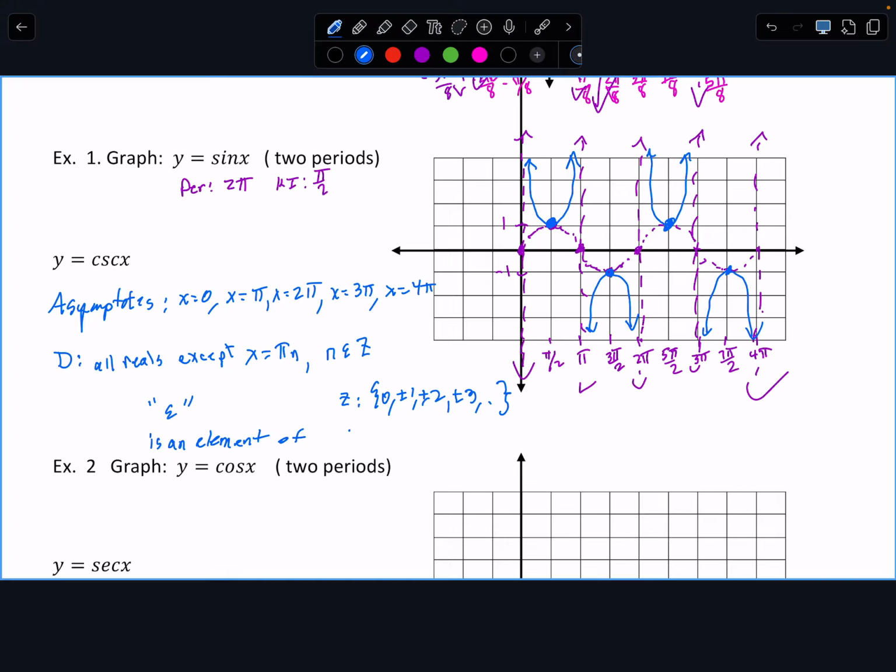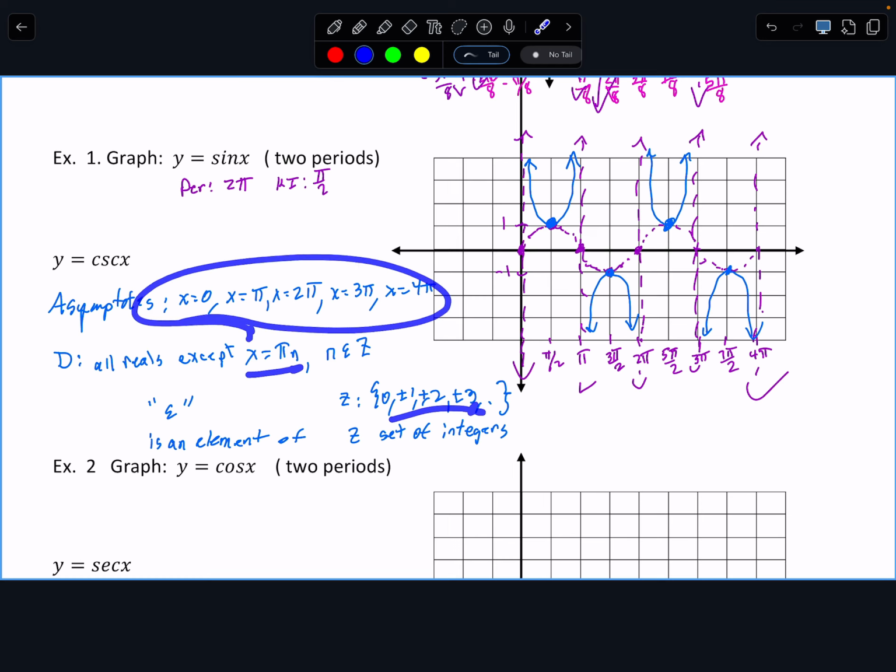And Z is the set of integers. So all of this, n is an element of the set of integers, and if I replace n with those values of integers, I get these produced.